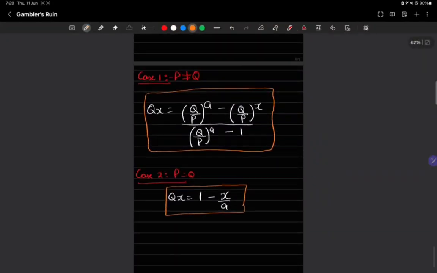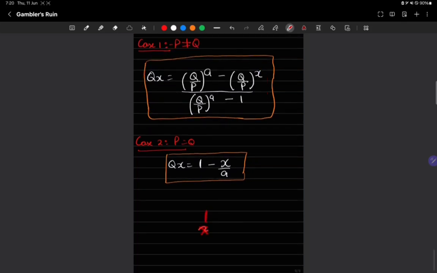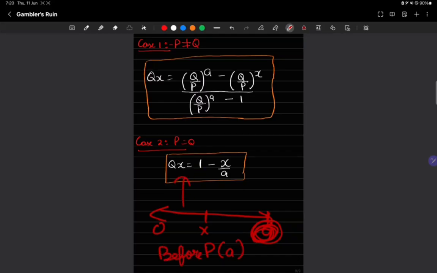These are the two equations for getting the probability that a gambler starting from position x will go broke before reaching a. This is the probability that the gambler will go broke.